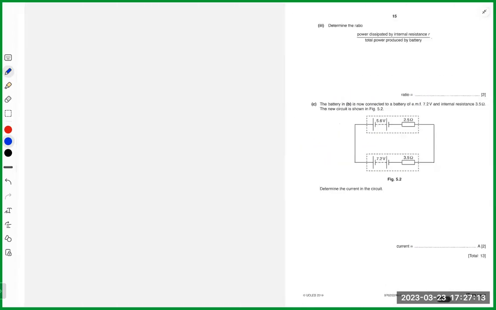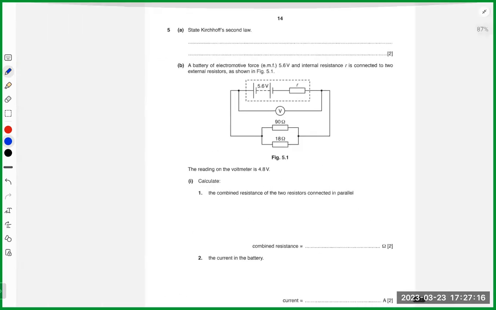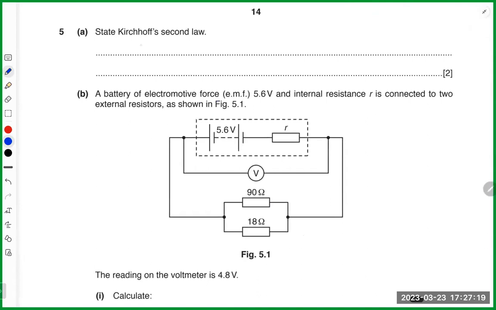Now, let's come to electricity. Kirchhoff's second law: the total EMF developed in a closed loop is equal to the total potential difference in the same loop.